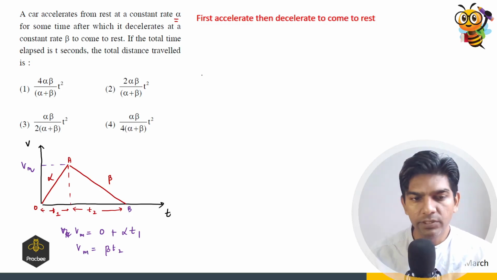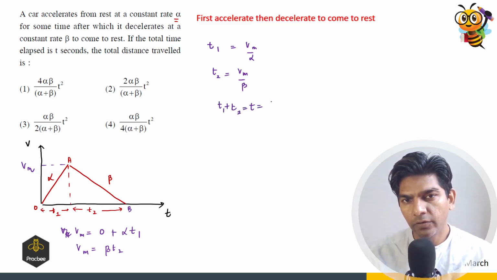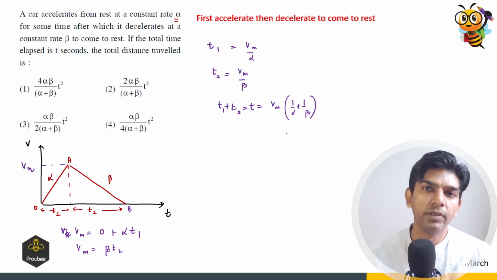Now from these two equations, we can find t1 and t2. So t1 is equal to Vm by alpha, t2 will be Vm by beta, and we know the total time of journey, that will be t1 plus t2, which is t, and it will be Vm times (1 by alpha plus 1 by beta).